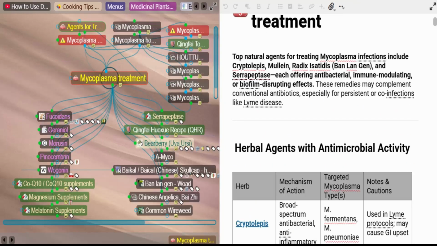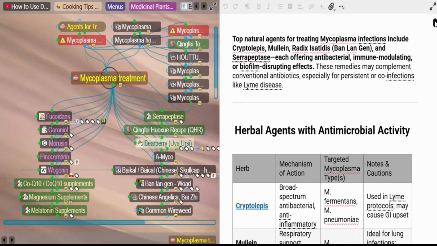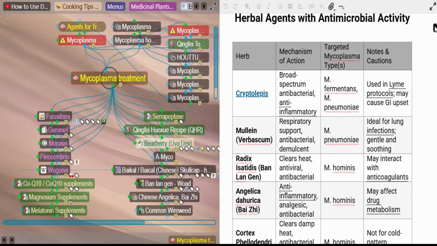This provides details on the top natural agents for treating Mycoplasma infections. Scrolling down, we see herbal agents with antimicrobial activity. There's the herb, the mechanism of action, the types of Mycoplasma that are targeted, and any notes and cautions.